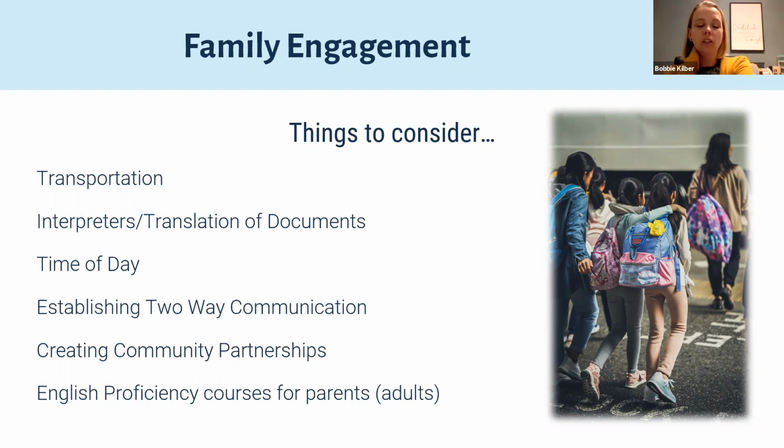Another thing, the English proficiency courses for parents and adults. That's another important piece. I know that adult ed falls under the Department of Labor in the state of South Dakota a lot of times, but there are often community partnerships who will help set up English proficiency courses for the parents.